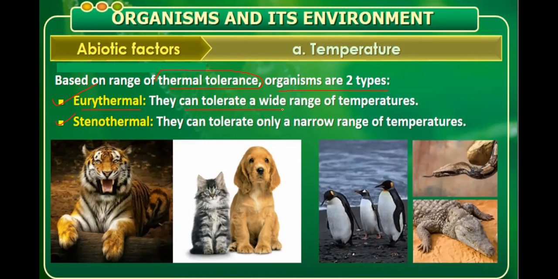They can tolerate a wide range of temperature. Stenothermal, they can tolerate only a narrow range of temperatures. So these are the terms. Eurythermal means they can tolerate a wide range of temperature, whereas stenothermal means they can tolerate only a narrow range of temperature.